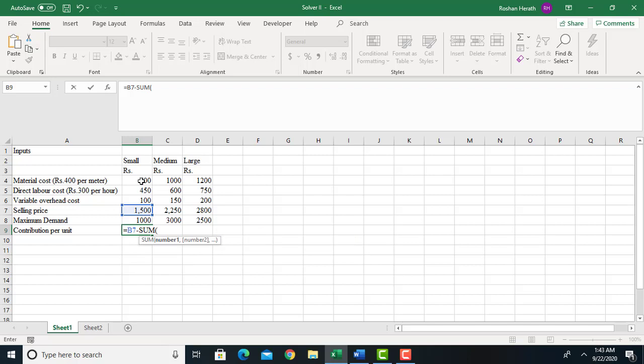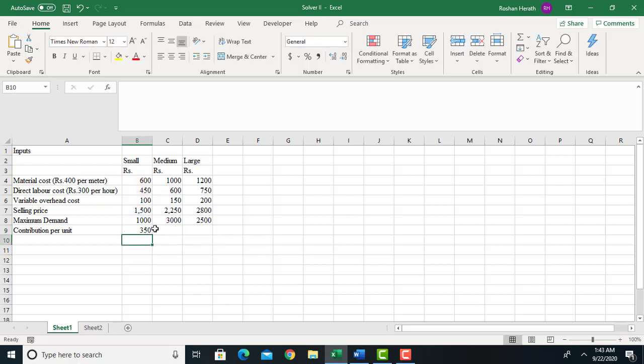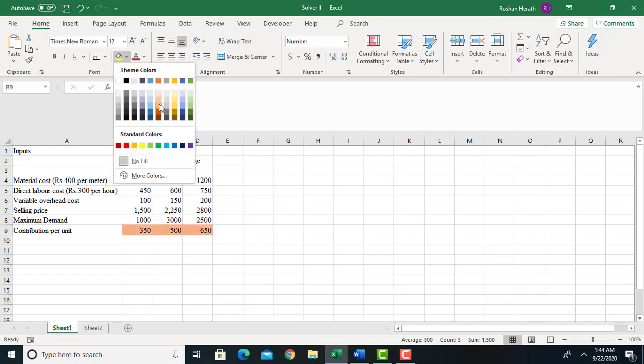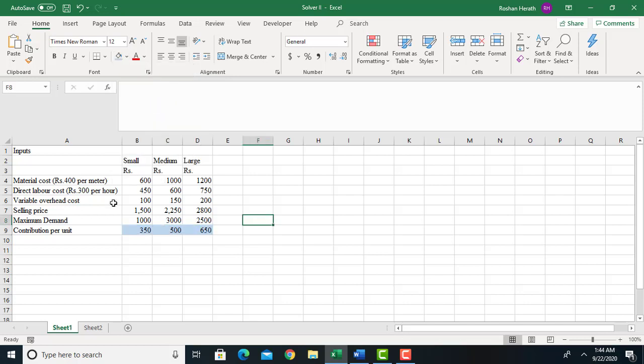You have 3 variable cost: material, direct labor, and variable overhead. So there it comes, 350 per unit, that is small size t-shirts. It's 1500 minus 1150 variable cost. So you can simply drag it. So here you have the contribution information. This is something that you had worked out, an important piece of information.